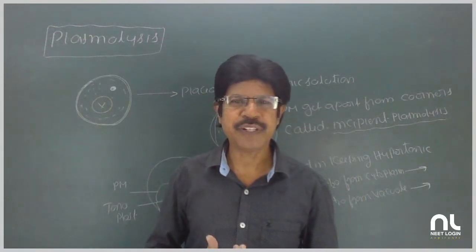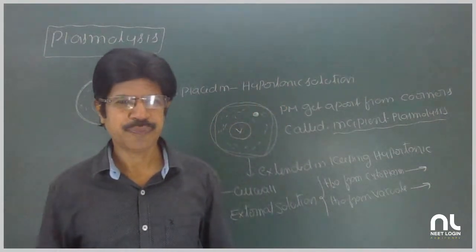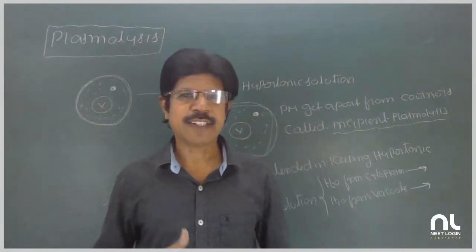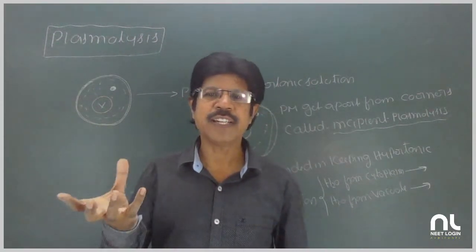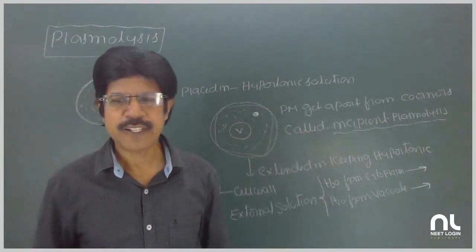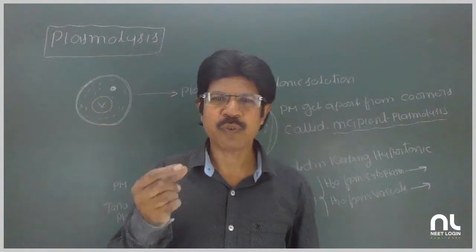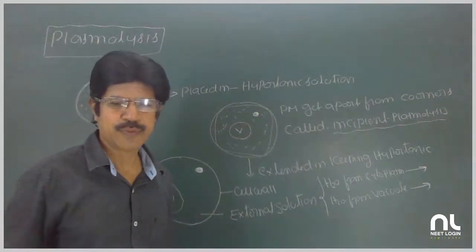The cell is hypotonic and the external solution hypertonic, so exosmosis occurs, and with continuous exosmosis shrinkage of the protoplast occurs. So shrinkage of the protoplast when a cell is placed in hypertonic solution, what do you call it? Plasmolysis.